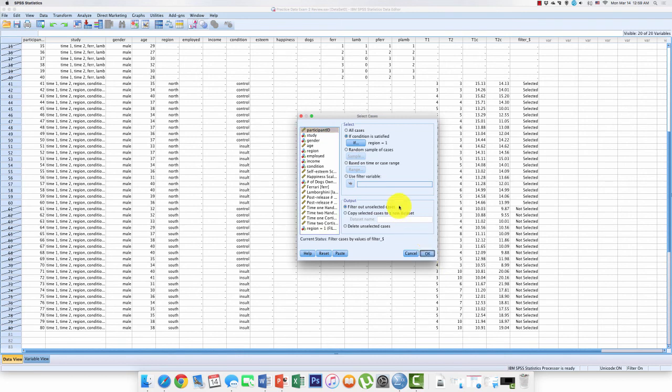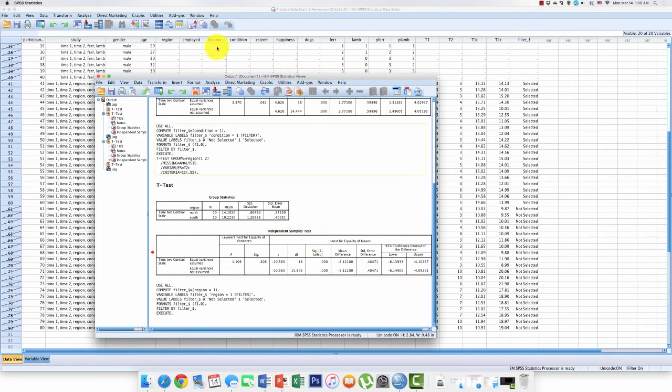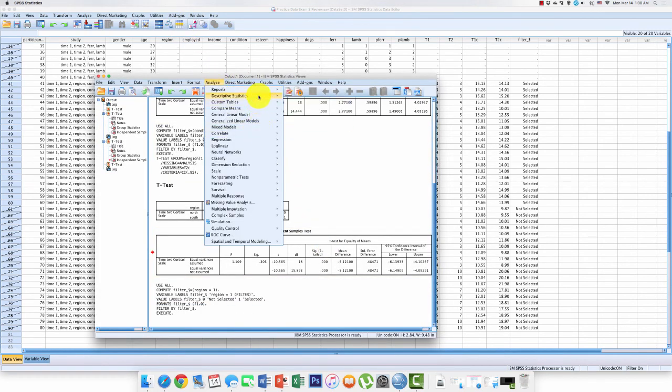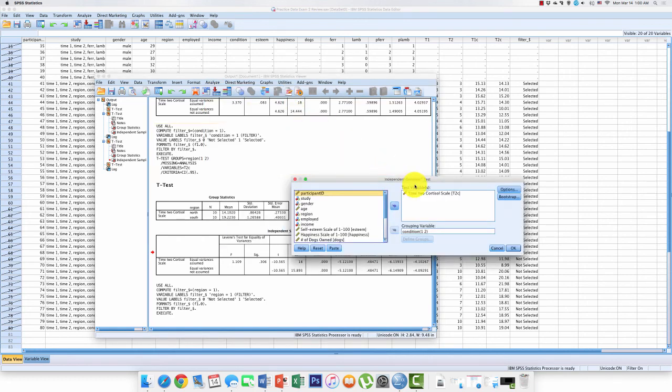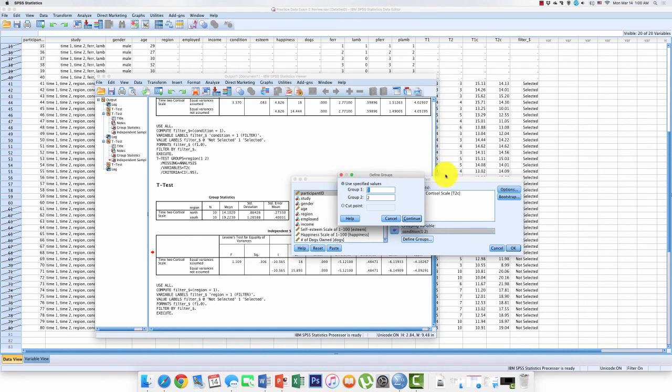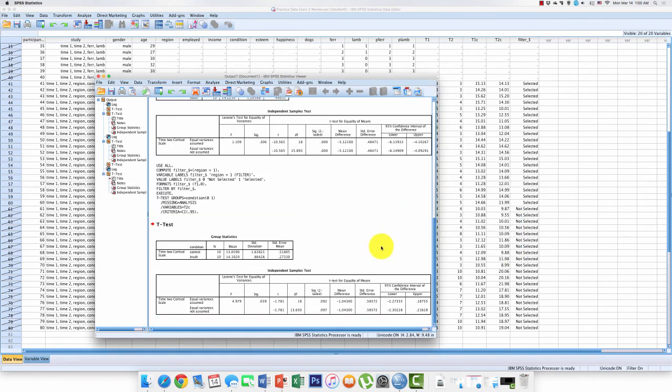Again, if region equals 1, and then analyze, compare means, independent samples t-test. For group, this is why I wasn't getting an output, because I forgot to change it. Okay, now hit continue. We see that there isn't a significant difference here, because it's greater than 0.05, which is the standard for which we're comparing to.